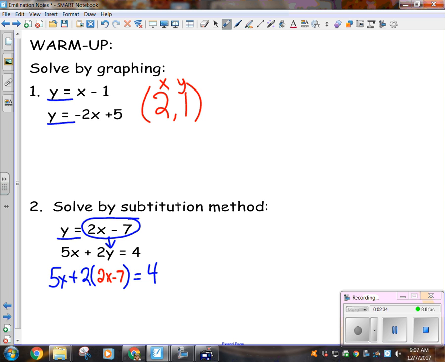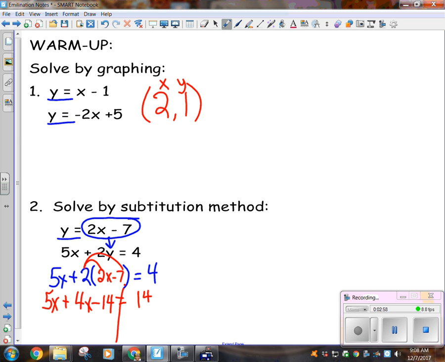We just did 2 of these, so this is an example, a review of what we've done the past few days. I'm going to multiply across and get rid of parentheses, keep the 5x in the front, keep the plus. 2 times 2x is 4x. 2 times negative 7 is negative 14, equals 4.